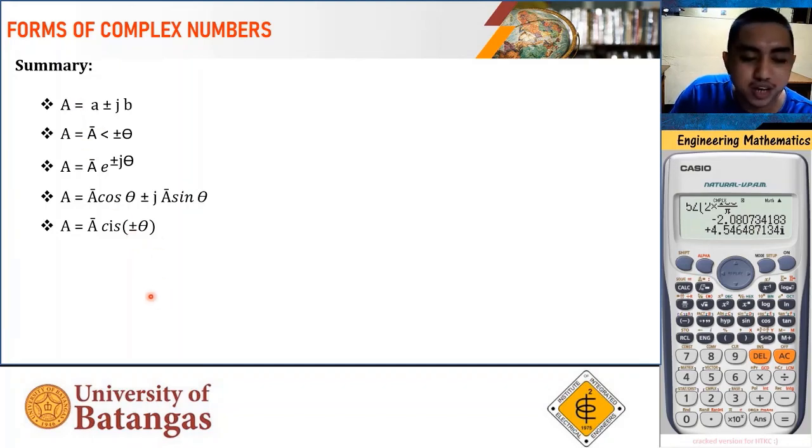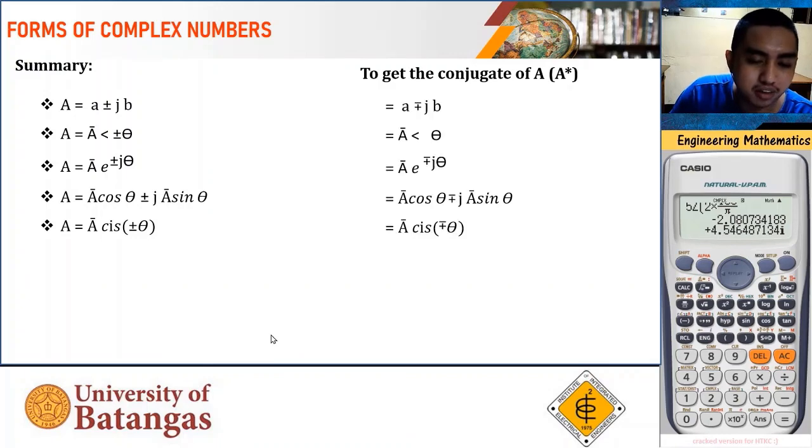Okay, kapag kinonjugate natin itong mga ito, ganito yung ating magiging sagot. Para dun sa una, sa rectangular form, magiging A minus or plus JB. Para naman dito sa polar form, A bar, bar angle, minus or plus theta.